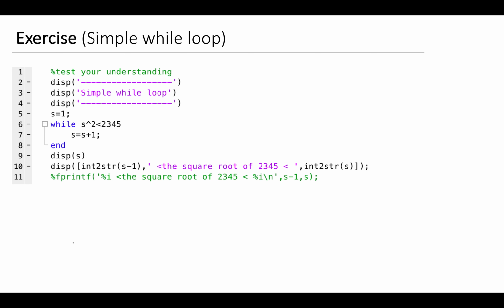I'll just say a few things about that. So I've used the editor window. Lines 1 to 4 is just about formatting, just to make it look nice. So when I run it, I can find where the example is. So I've used the display command, and I've underlined things, and made it the way that I like it. Lines 5, 6, 7, 8 are where the main work is done.